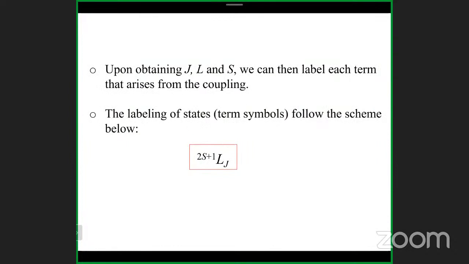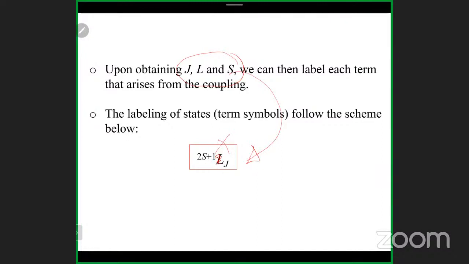So either we use the JJ coupling or the Russell-Saunders coupling. We're going to obtain the J, L, S, and then we can label them based on this labeling. Actually, L is not very good; you can put X, much easier, isn't it?